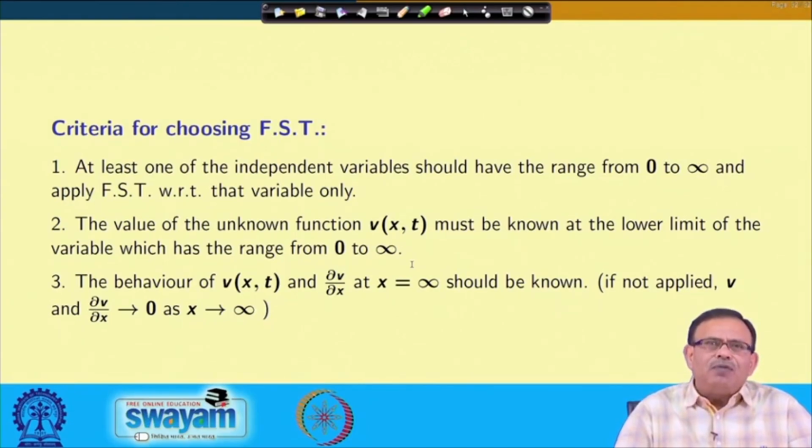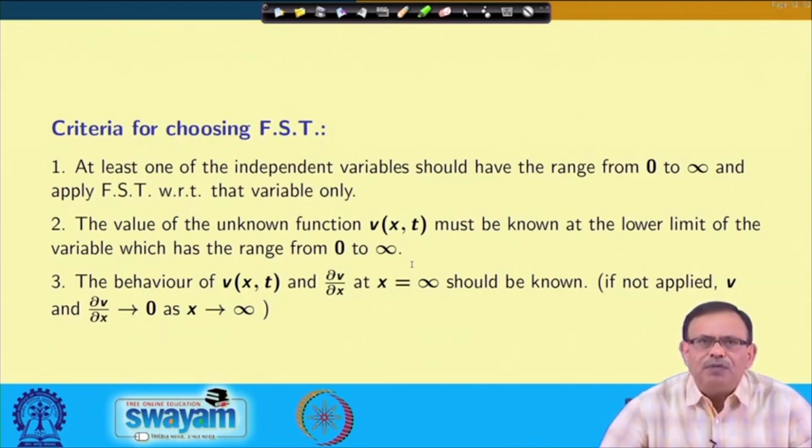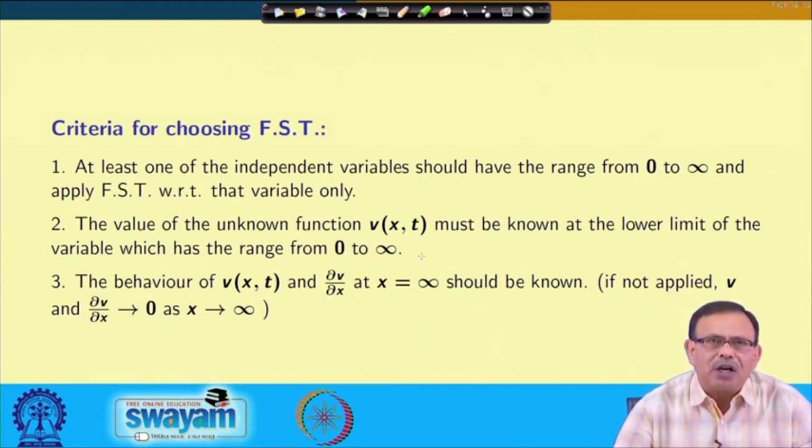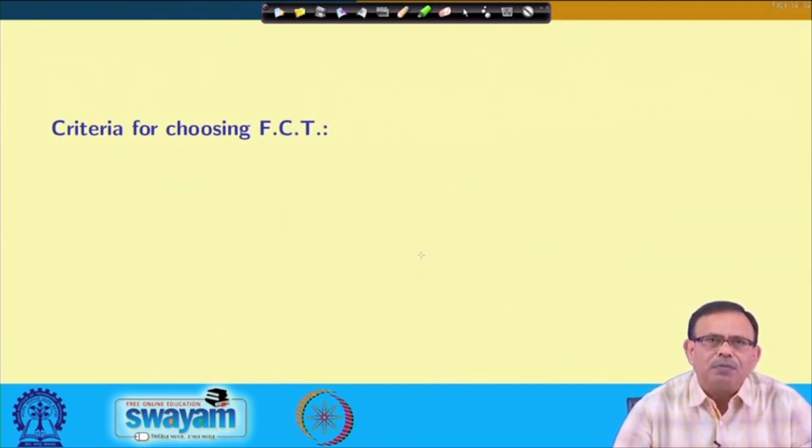The value of the unknown function v(x,t) must be known at the lower limit of the variable, that is at x equals 0, where the range is from 0 to infinity, and the behavior of v(x,t) and del v del x at x equals infinity should be known, or in other words, what the possible values are. For physical problems in general, v and del v del x approach 0 whenever x approaches infinity. So, this is the criteria for the Fourier sine transform.